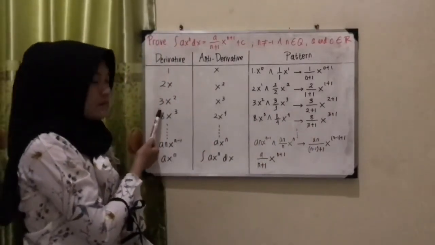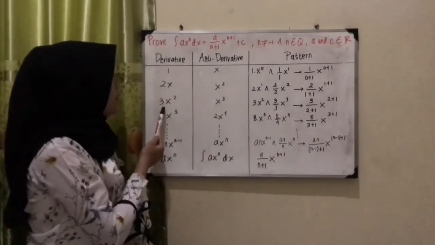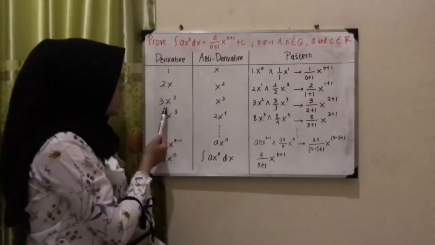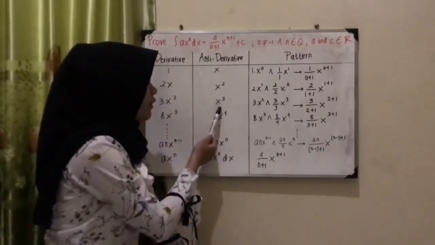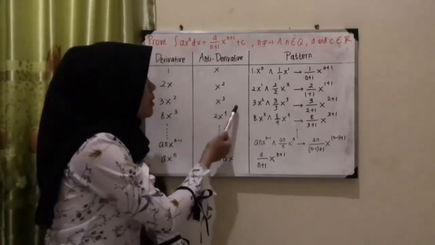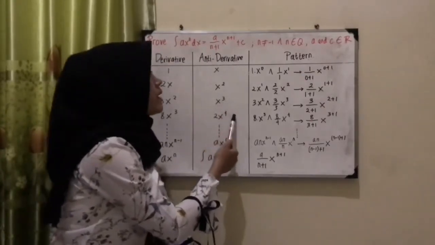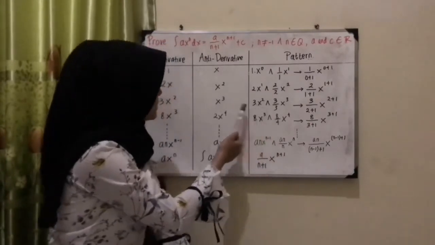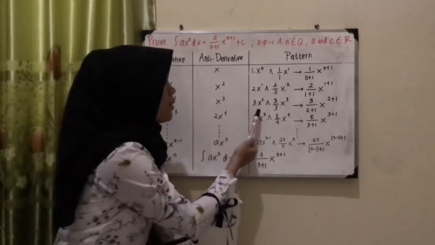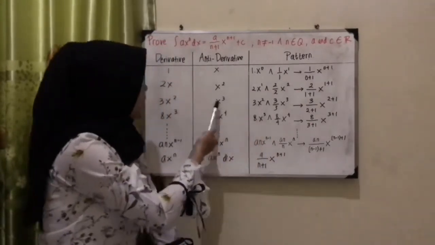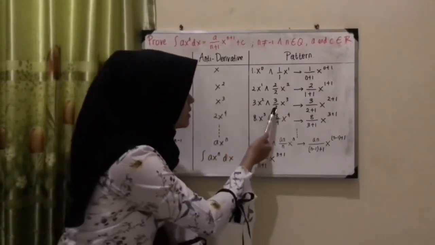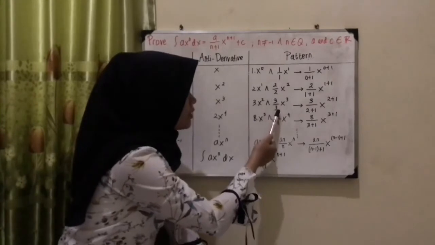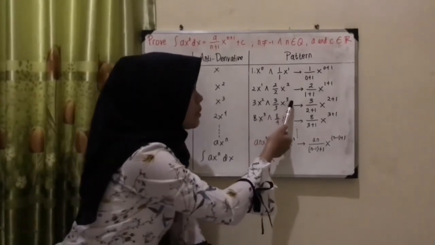And then third, if the derivative is 3x squared and the antiderivative is x to the power of 3, we have the pattern: x squared we can write here, and x to the power of 3 can be written as 3 over 3 times x to the power of 3.